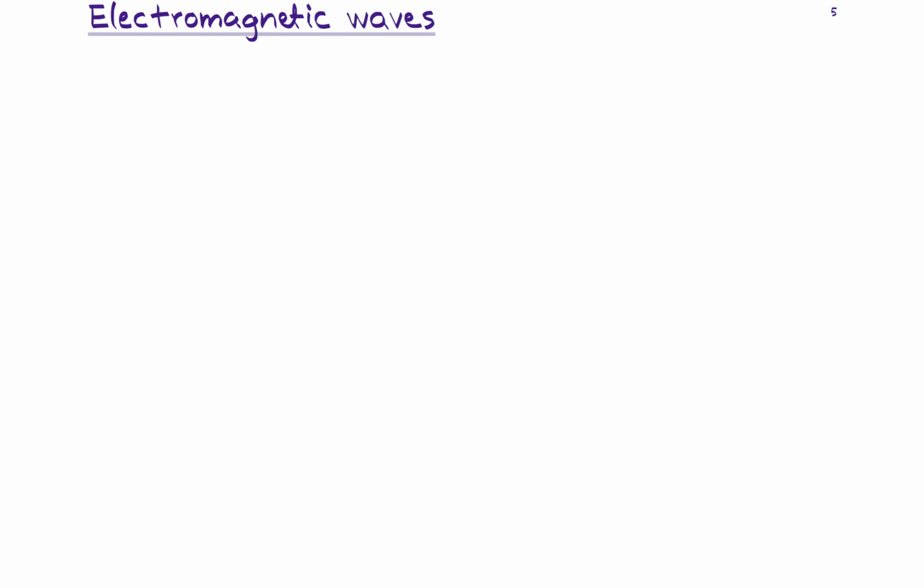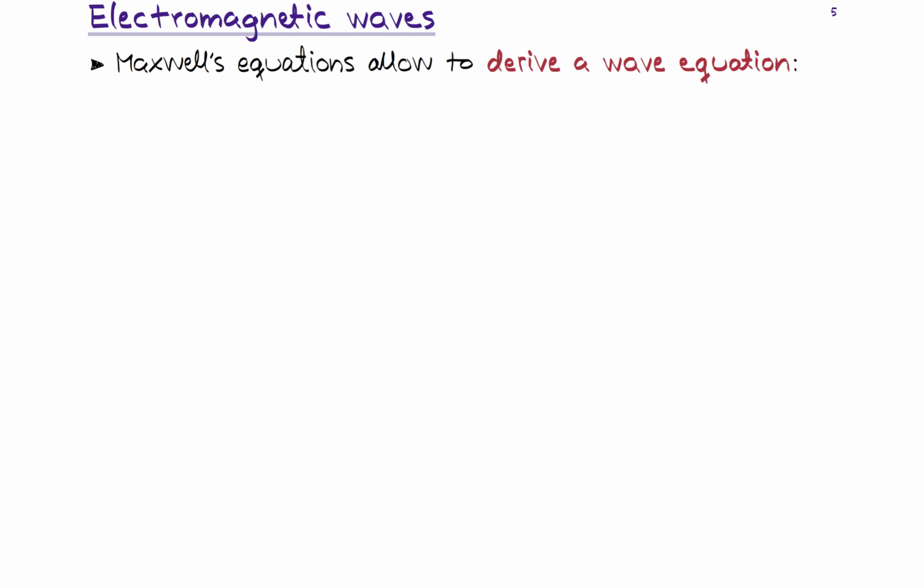Now, like I promised already, the Maxwell's equations that we have shown to you can be combined together, and using that, we can derive a wave equation. In a nutshell, the wave equation is of this form. We will derive this later to show what actually happens and what it means.